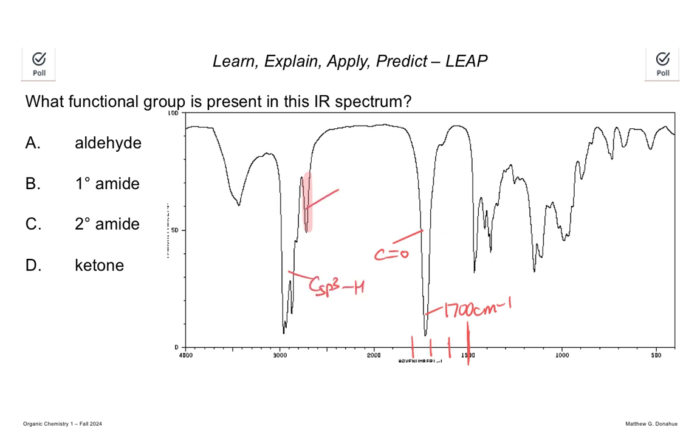So this little blip right there, that is the sp2 hybridized C-H stretch of an aldehyde.